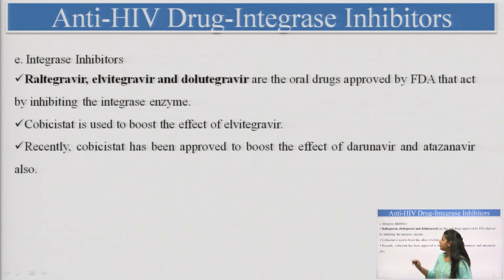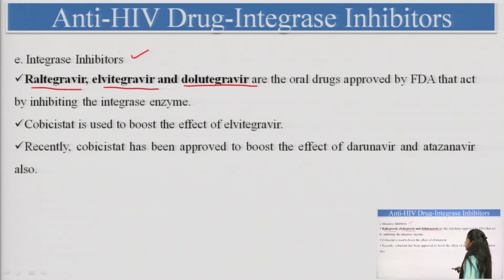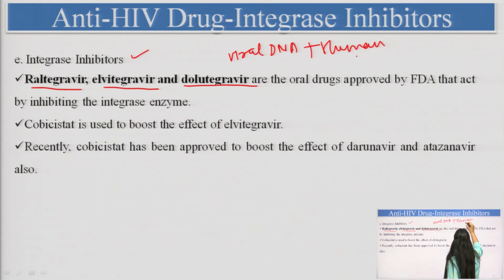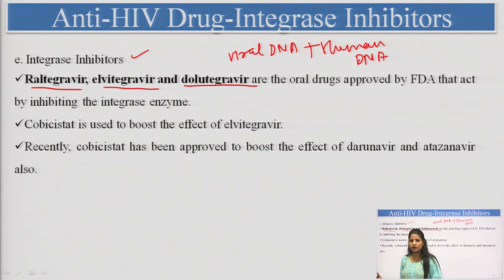Now, coming to the integrase inhibitors. Raltegravir, elvitegravir and dolutegravir are under integrase inhibitors. What are they doing? They are inhibiting the viral DNA from integrating with the human DNA. So, the integrated product will not form and other functions will not occur.